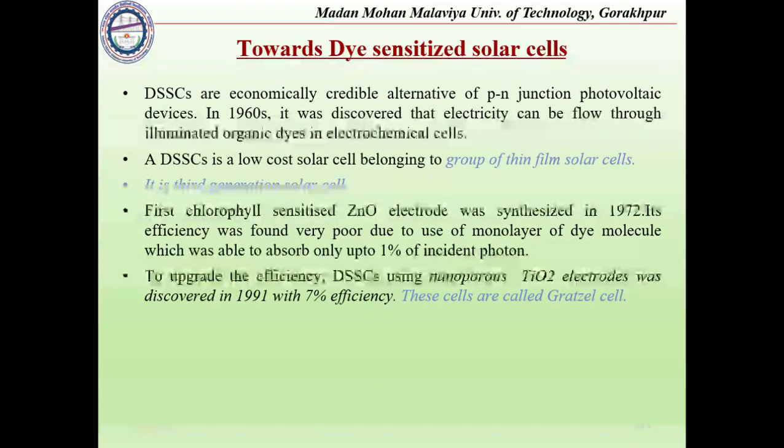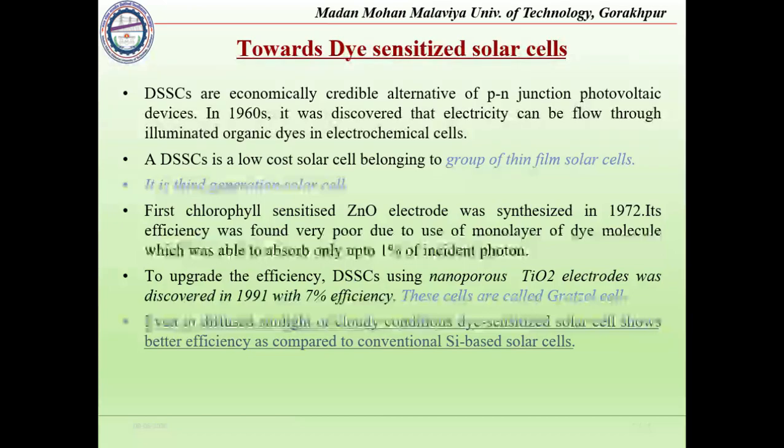For this reason it was very difficult to commercialize it in the market. Further, research was ongoing to enhance the efficiency of the dye-sensitized solar cell up to 7%. Since this solar cell was discovered by Michael Gratzel, we also call it the Gratzel cell.